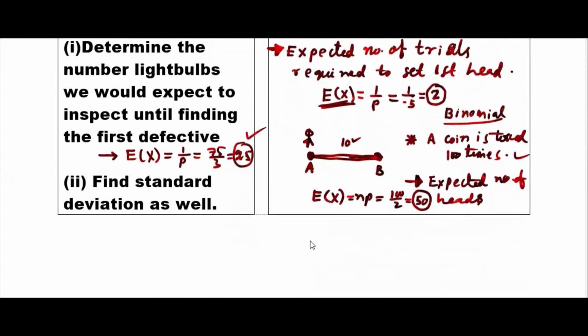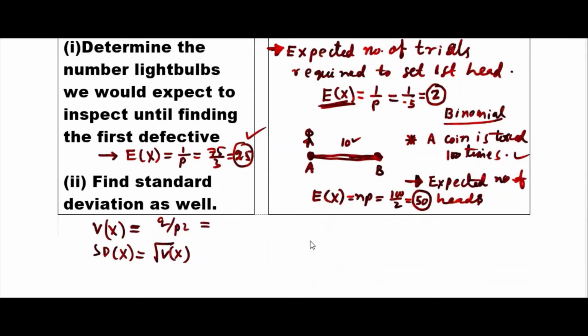Standard deviation, it might deviate from 25. What is the standard deviation? You have to find variance of x. Then to get the standard deviation of x, you have to take the square root of variance of x. And you know the formula, q divided by p square.